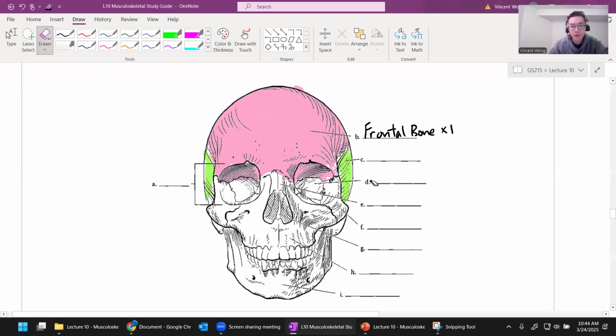So these are the temporal bones. Okay, and you have two of them, one on each side. And a key thing to remember, temporal bone contains the ear canal. There you go.